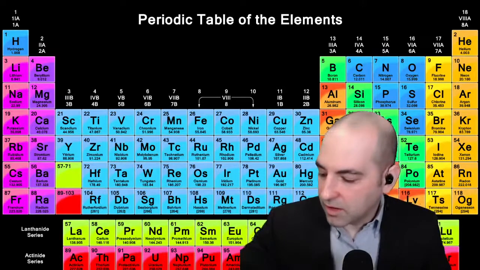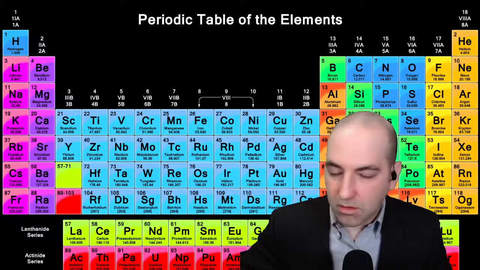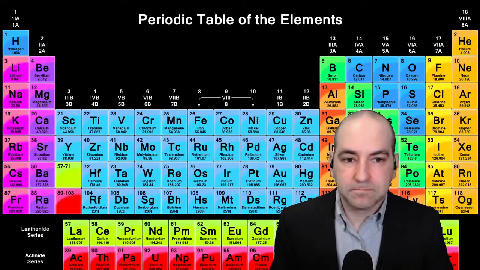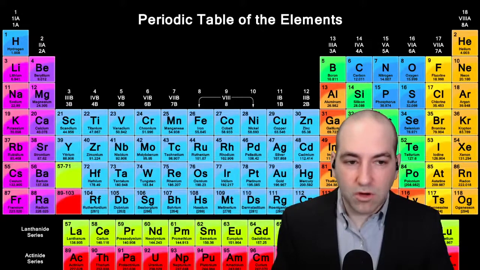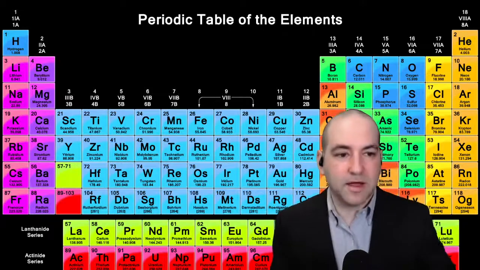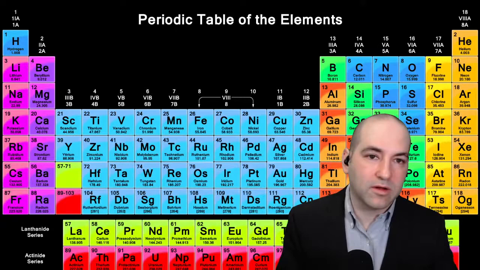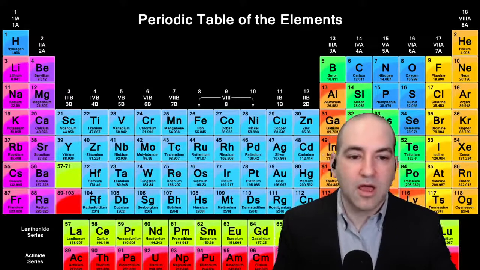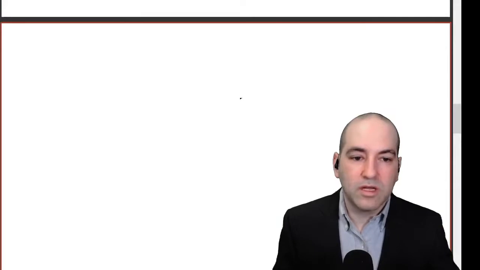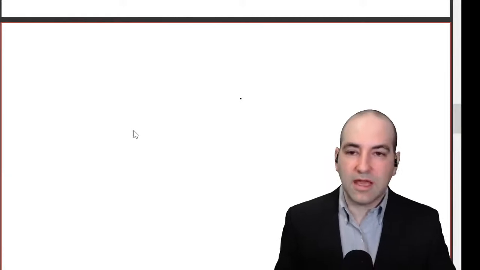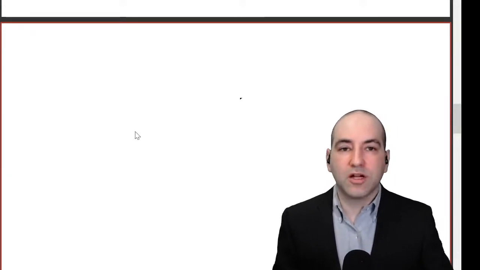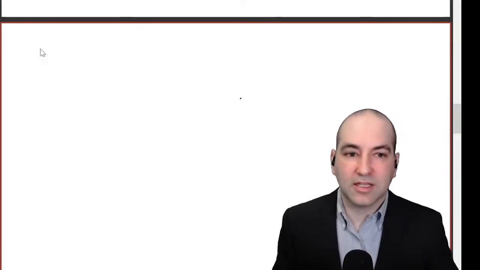We don't know the charges. Sorry, I got distracted by something there. We don't know the charges, so it's not quite going to work the same way. So what happens is, in those compounds, we need a little bit more information. So in the names of those compounds, the charge on the cation is actually given.